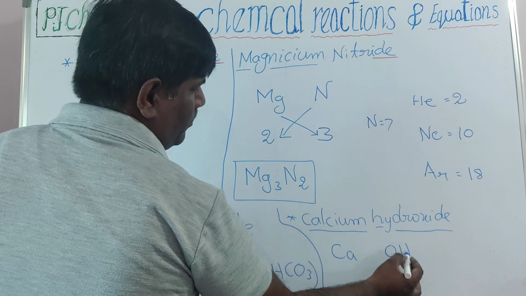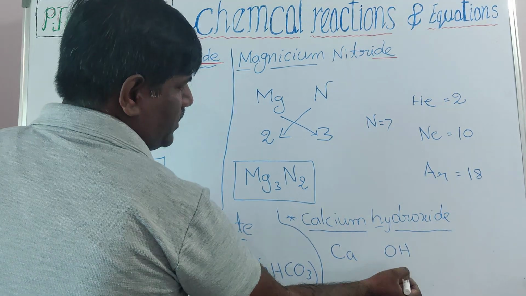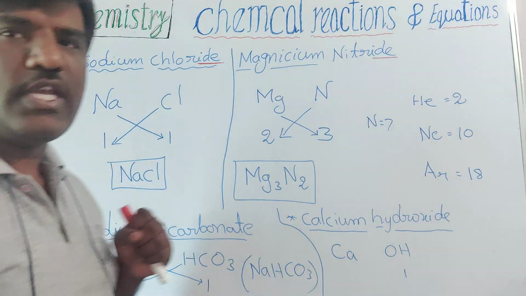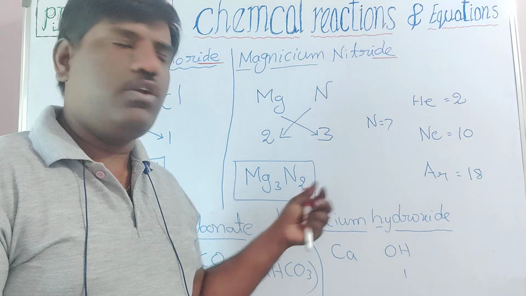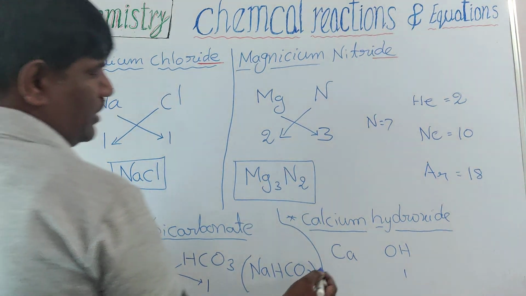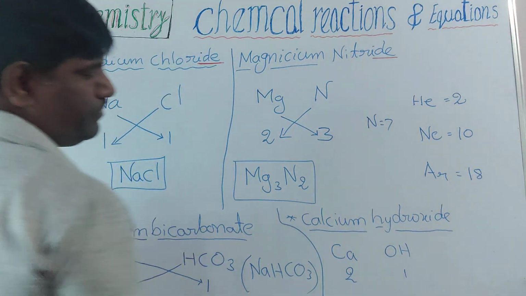Hydroxide ion is OH minus, so the charge is the valency here. Calcium atomic number 20. Nearest noble gas element is argon. It loses 2 electrons to get the stability of argon, so its valency is 2.